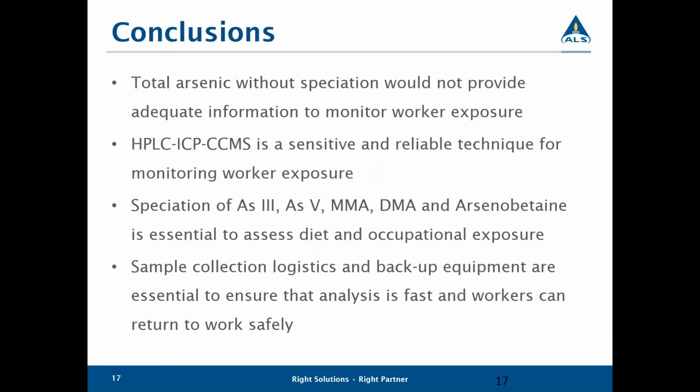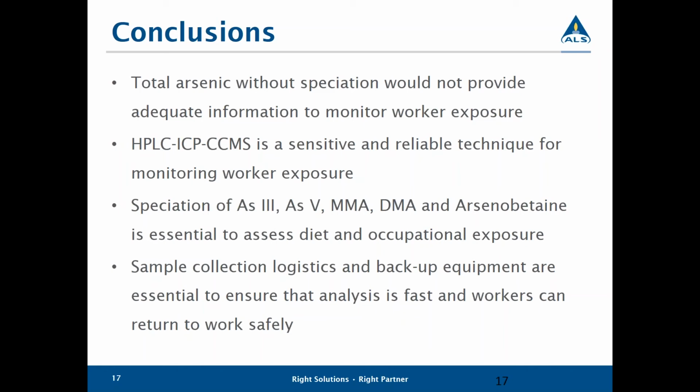In summary, total arsenic without speciation would definitely not provide adequate information to monitor worker exposure, exposure through diet, or the actual site. HPLC ICP-MS with a reaction cell is a very sensitive and reliable technique for monitoring worker exposure.